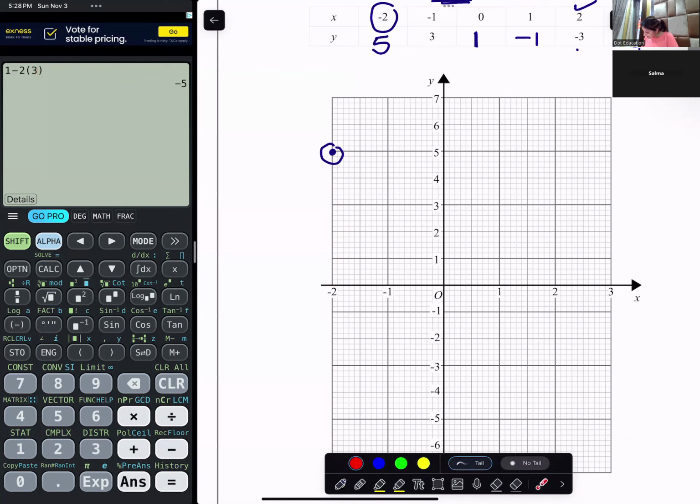When x is minus 1, y is 3. When x is 0, y is 1.